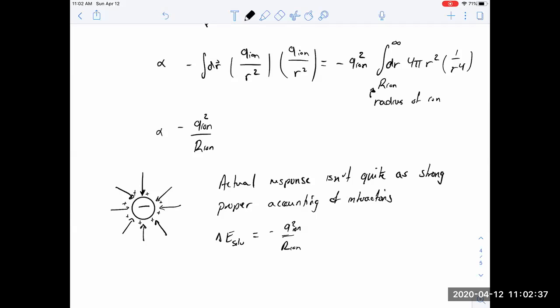That constant of proportionality defines a constant epsilon, which is known as the dielectric constant. It describes the full strength of the solvent response.